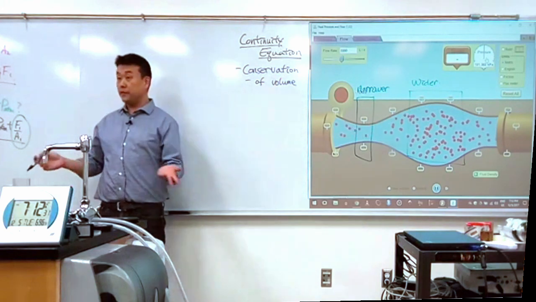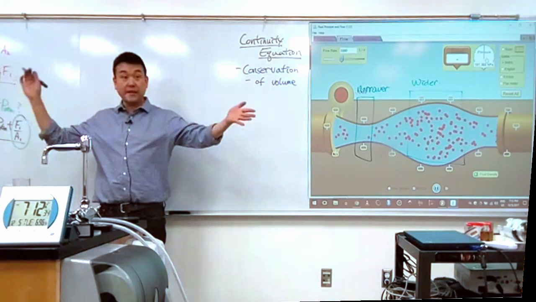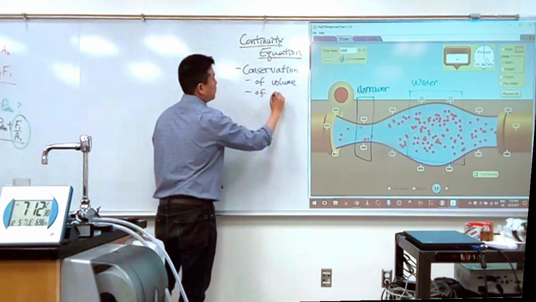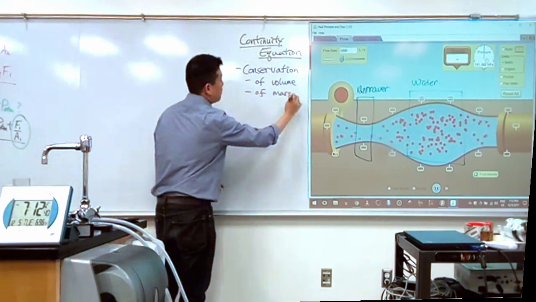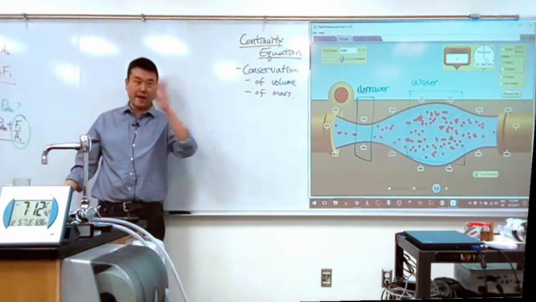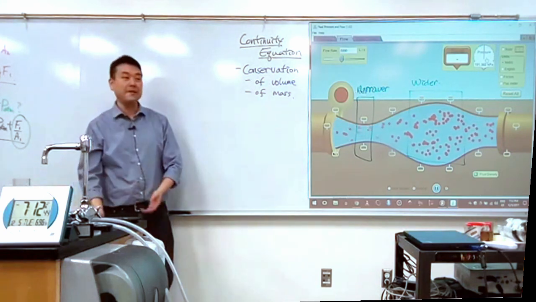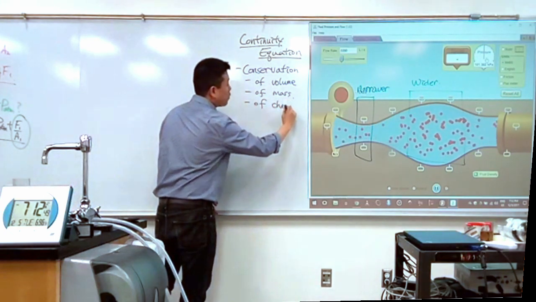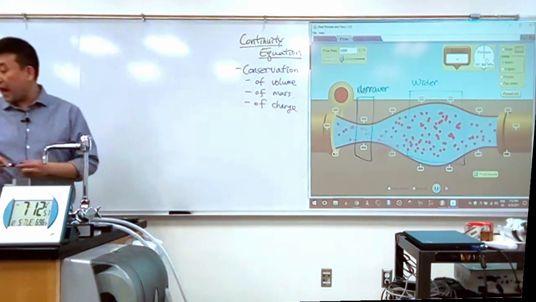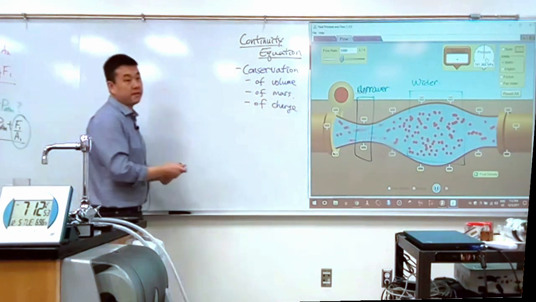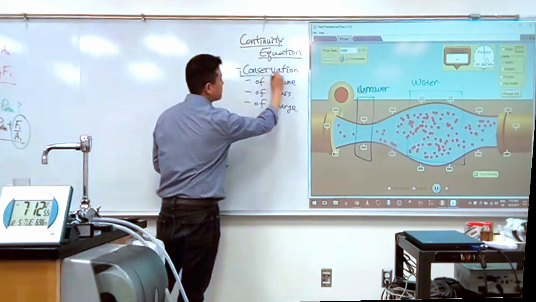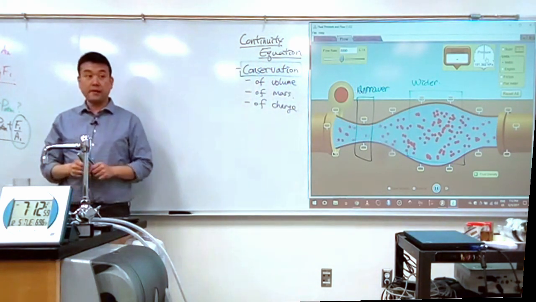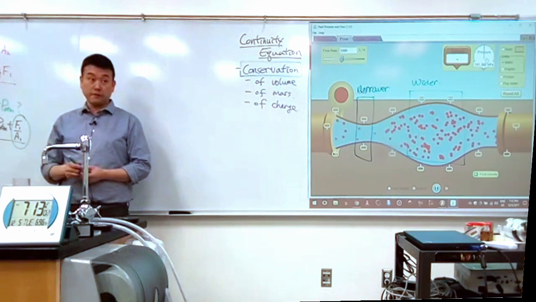But if we're dealing with a gas, something that can be compressed, then we might be talking of conservation of mass. Or in terms of electricity, which you might deal with in upper division electrodynamics, that's conservation of charge. But in all these examples, the important idea is that there is some kind of conserved physical quantity, like a physical object that's conserved.